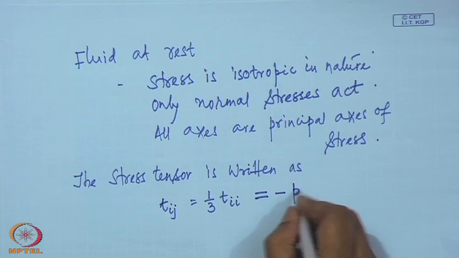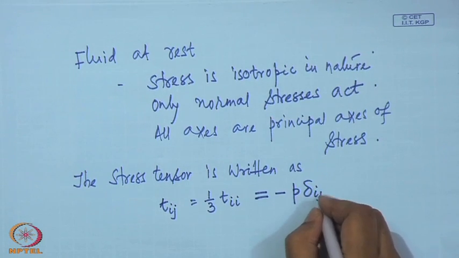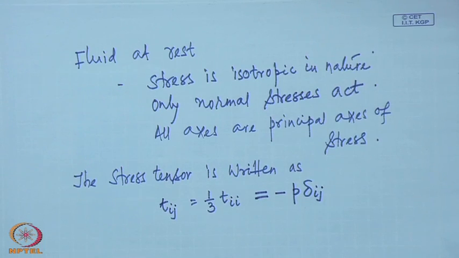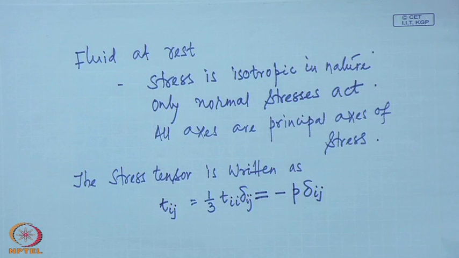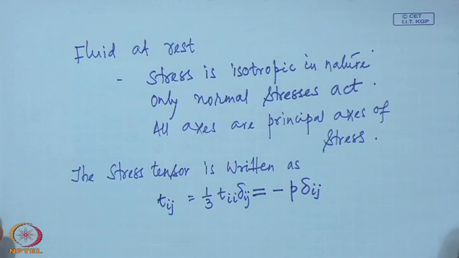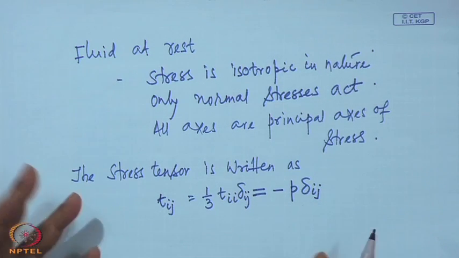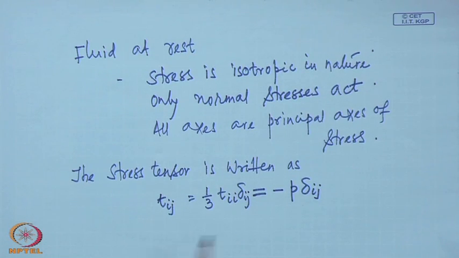And in the second term, delta ij is written to make it a mathematically compatible equation, because 1/3 T ii is just a number. This T ij represents a tensor, but 1/3 T ii is just a number, 1/3 of T11 plus T22 plus T33.